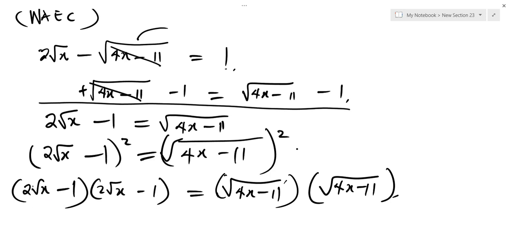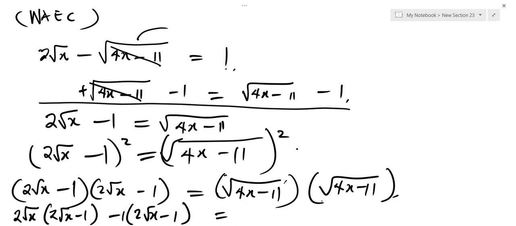So now we have 2 square root of x minus 1 into 2 square root of x minus 1.